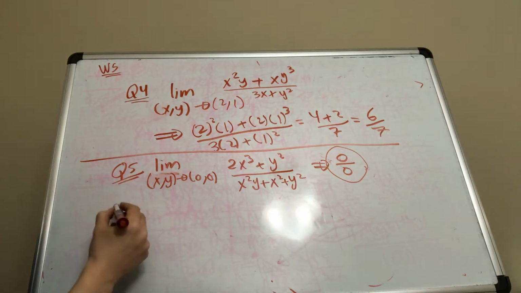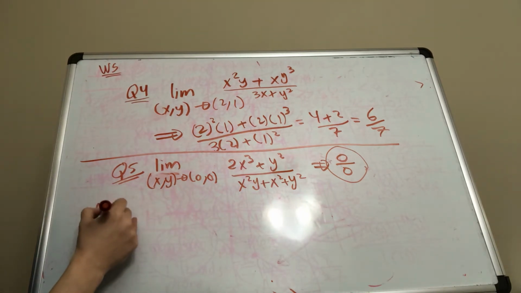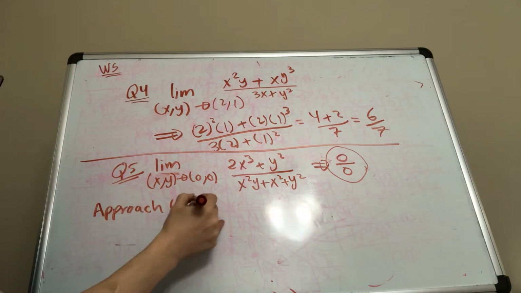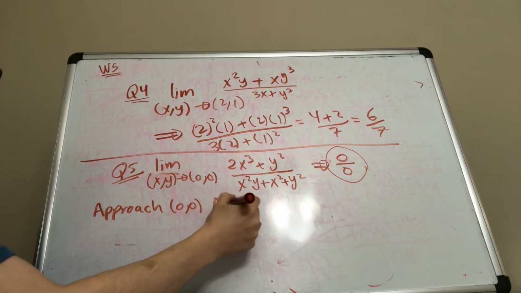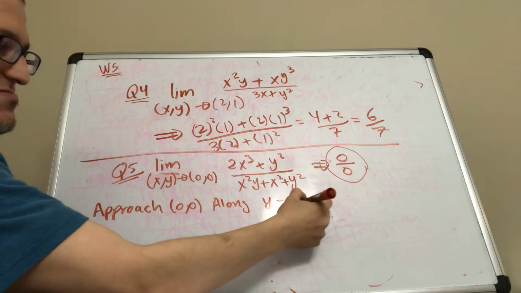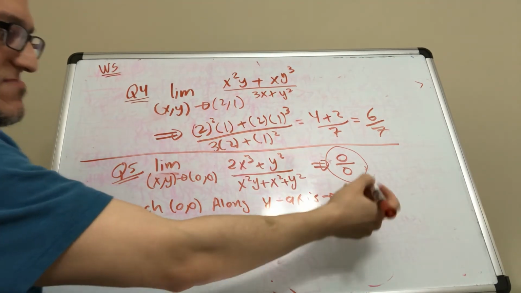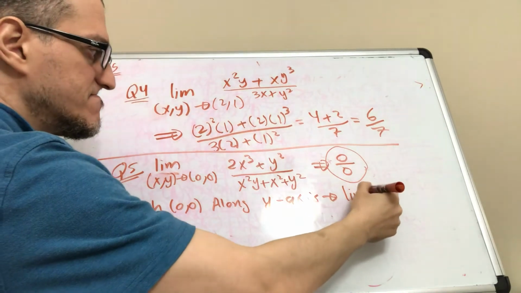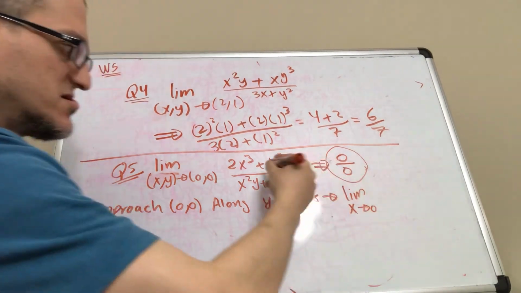One way is to approach it. You say we can approach 0, 0 along the y-axis, meaning you set x to 0. So you find the limit when x is 0 for the question.